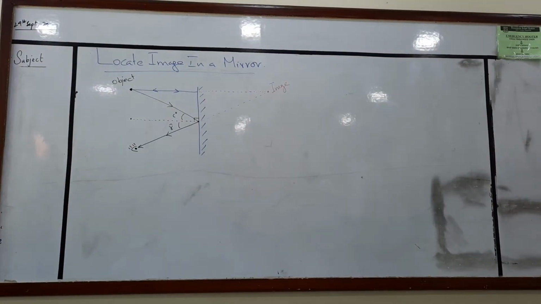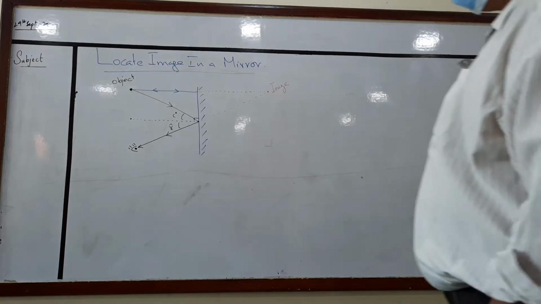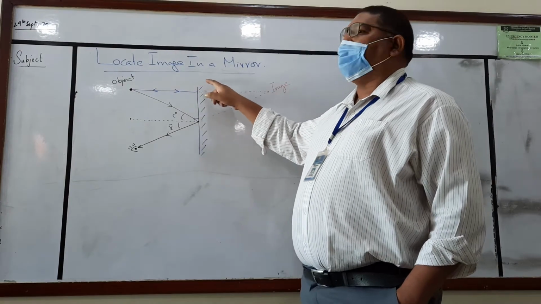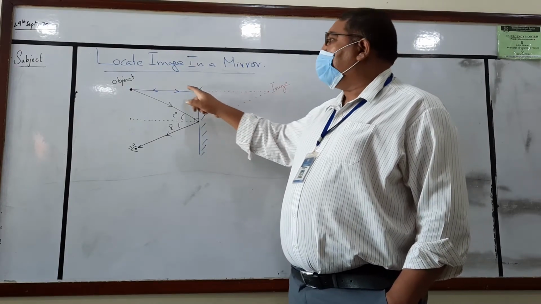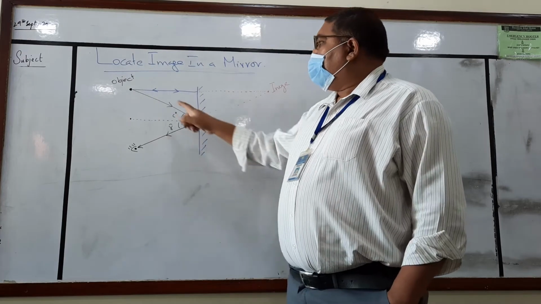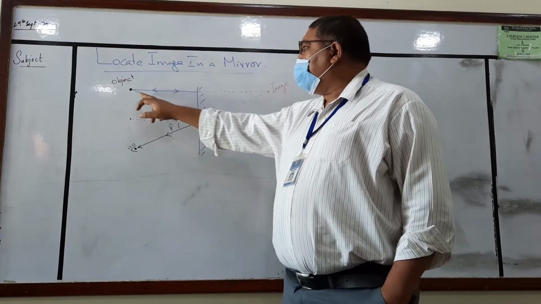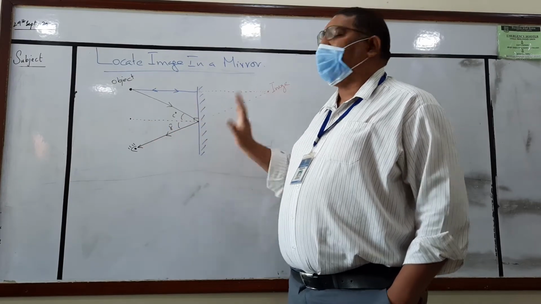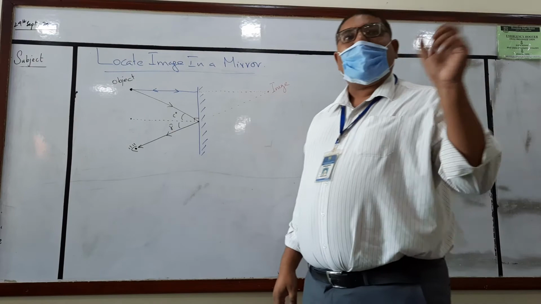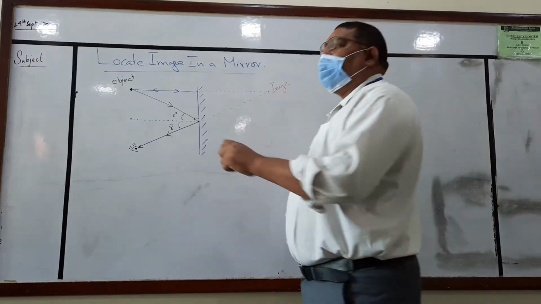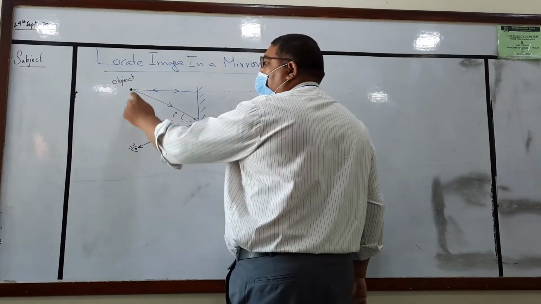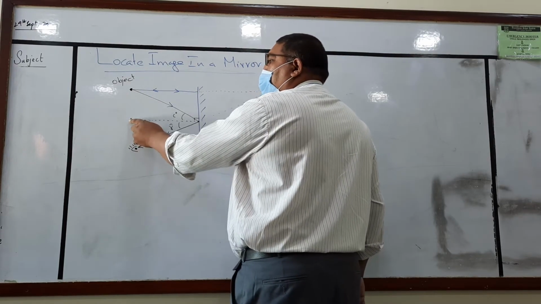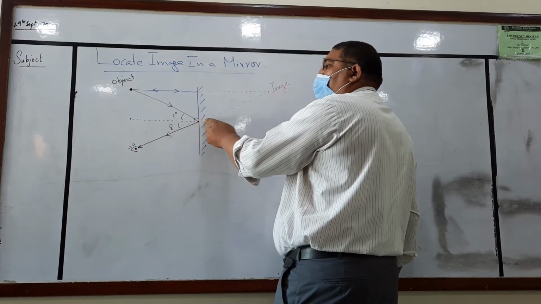I have used two rays, and both start from the object. One ray goes directly to the mirror and comes back from there. The other ray starts from the object and can strike the mirror anywhere, but the trick we have played is that we find the midpoint between the object and the observer, and project that point onto the mirror.